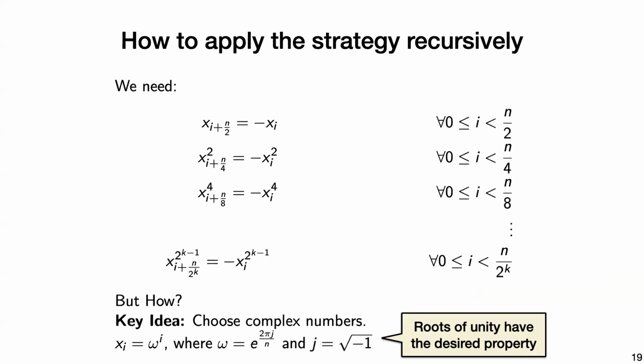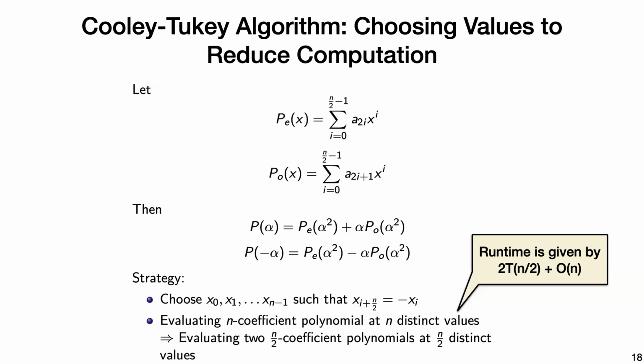And so we want to apply this strategy recursively. In this next recursive step, we are trying to evaluate two n over 2 coefficient polynomials at n over 2 points. And the points that we evaluate these at also need to have the same property where the first half and the second half are positive and negative pairs.